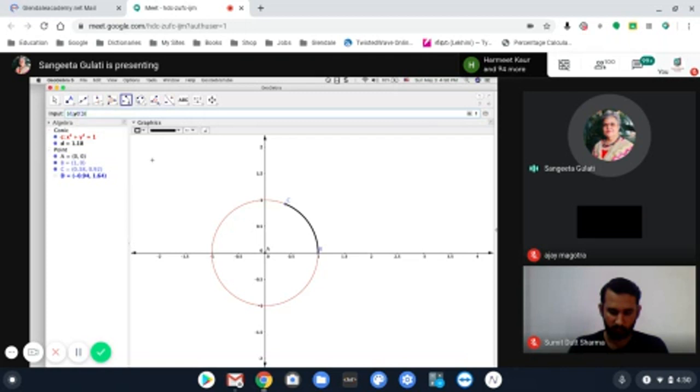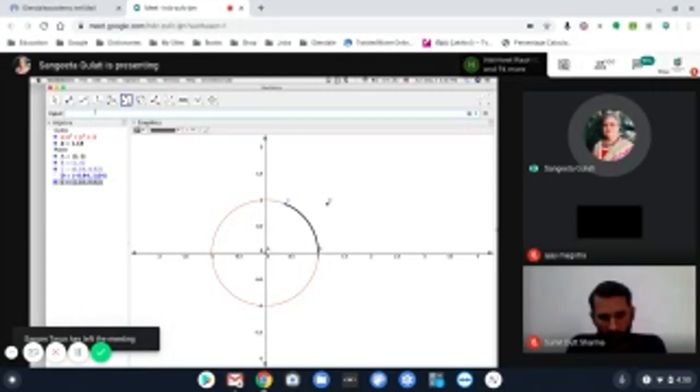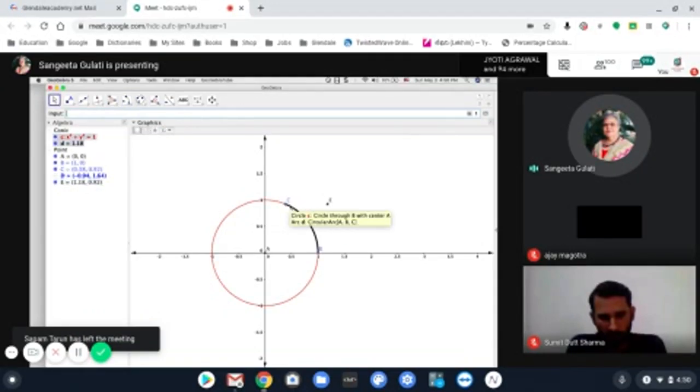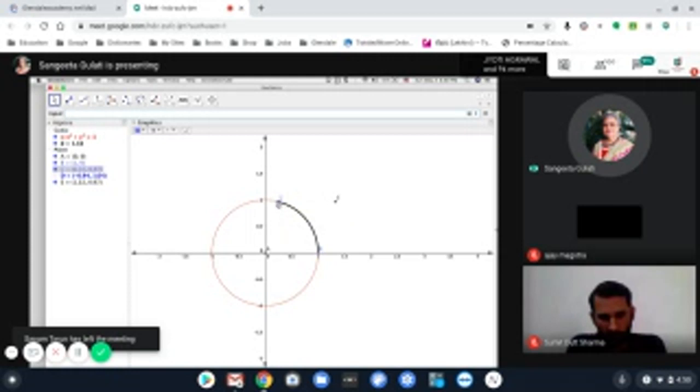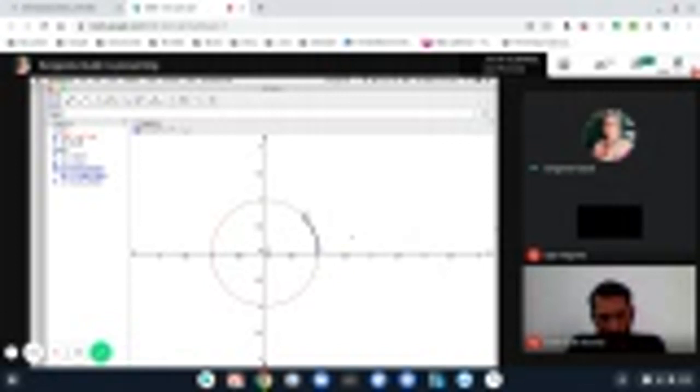If I take that and I press enter, focus on my screen for a second, I've got a new point E. And now if I change the position of point C along the circle, keep an eye on this E. Where is this E going?